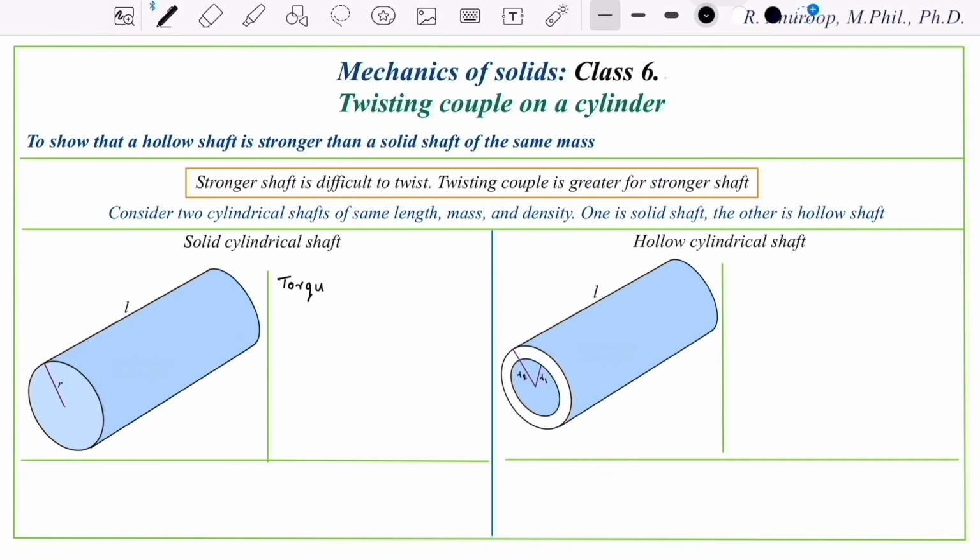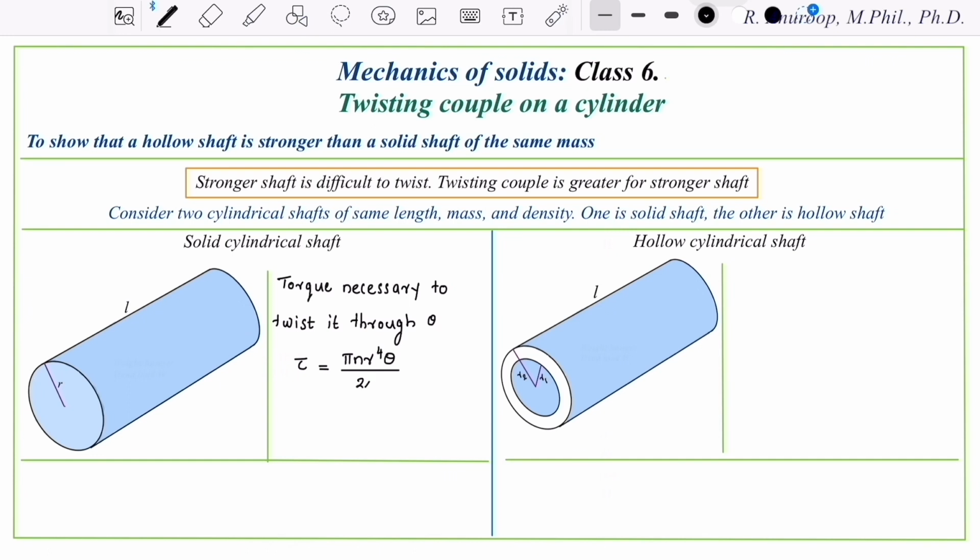Now consider a solid cylindrical shaft. What is the torque necessary to twist this solid cylindrical shaft by theta? That is, what is the twisting couple for this solid cylindrical shaft? Let it be tau, and that is equal to pi n r raised to 4 theta divided by 2l.